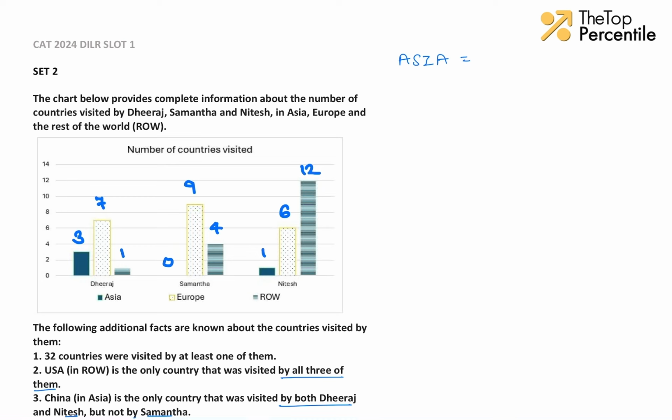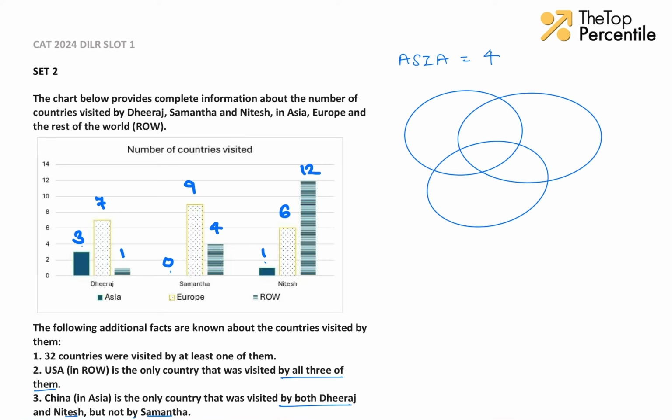So in Asia, the number of countries that the people visited is 3 plus 0 plus 1, that is 4. Now let's make a Venn diagram for them. This will be Dheeraj, this will be Samantha, and this will be Nitesh.